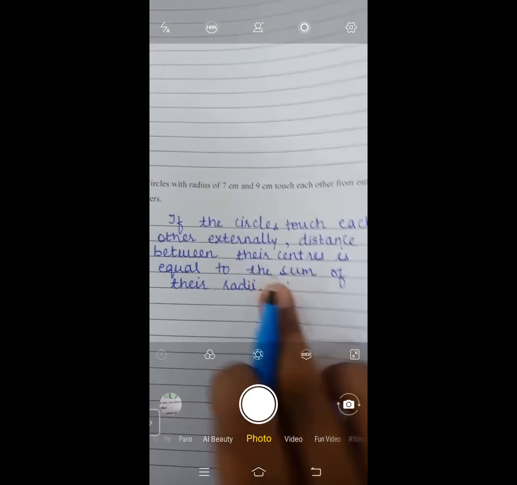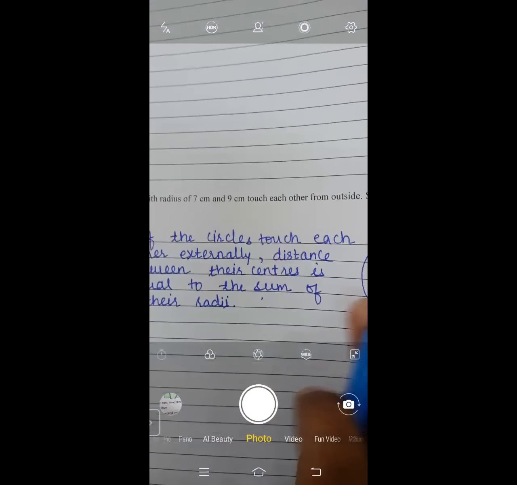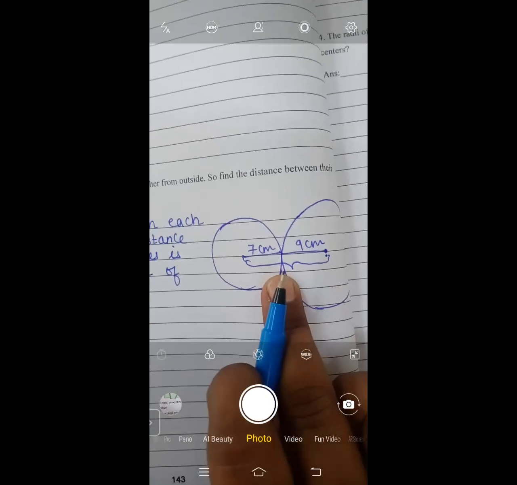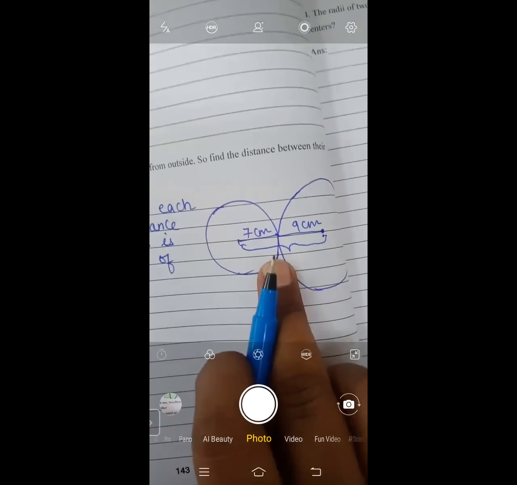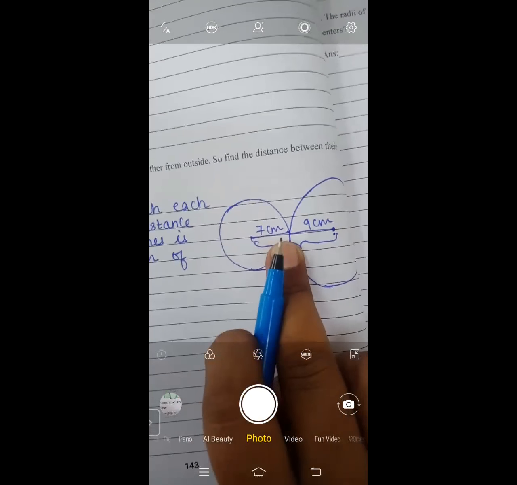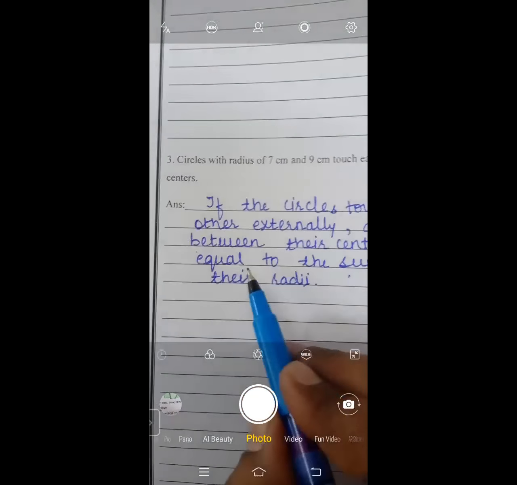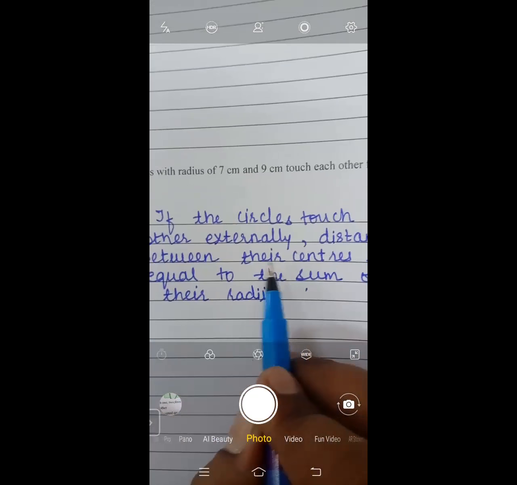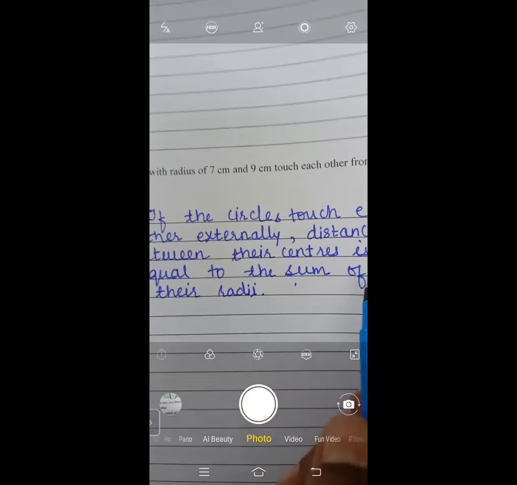As I want this property on one side and the circles on the other side, so that I can relate the property. Can you see that these two circles are touching externally in a single point? What I have to find is the distance between the centers. This property exhibits the same thing: the distance between their centers is equal to the sum of their radii.